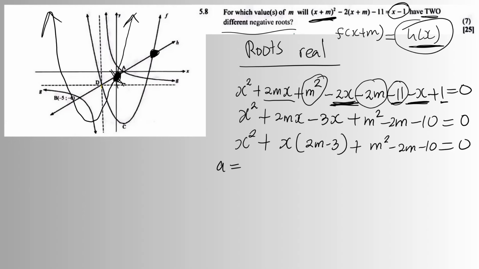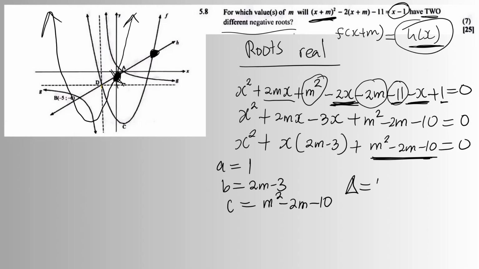So now you can clearly identify A, the coefficient of x squared, anything multiplying x squared is 1. Then B, anything multiplying x, is 2m minus 3. Then C is anything that doesn't have x or x squared, so our constant there is m squared minus 2m minus 10. After identifying this, I can calculate my delta.